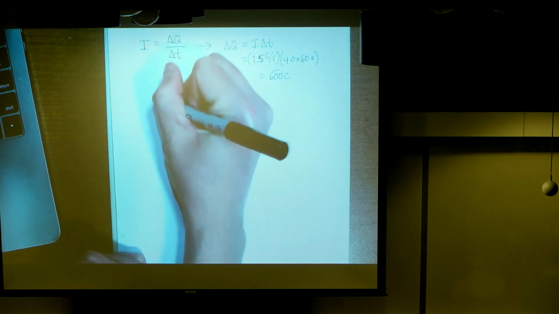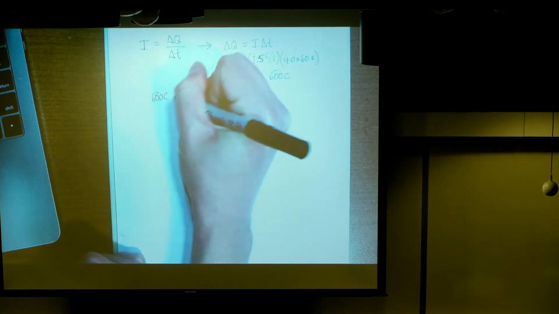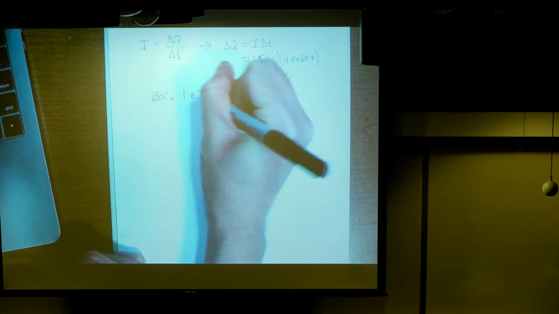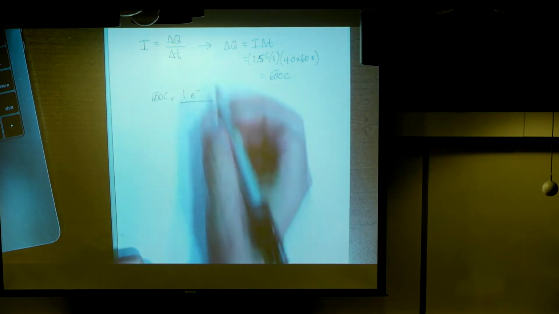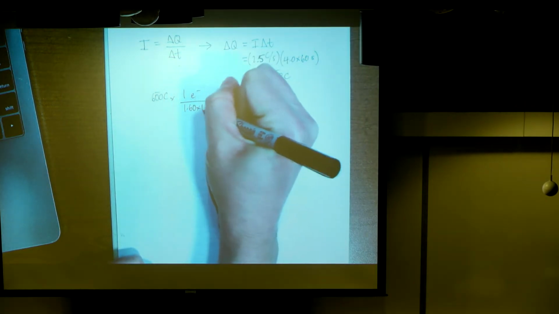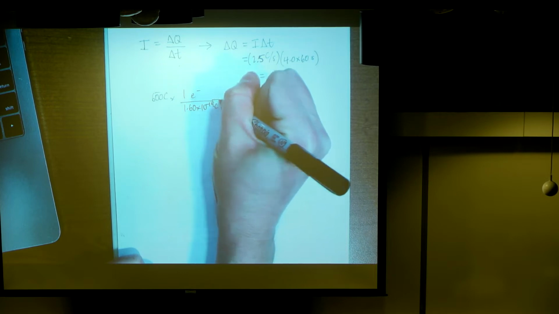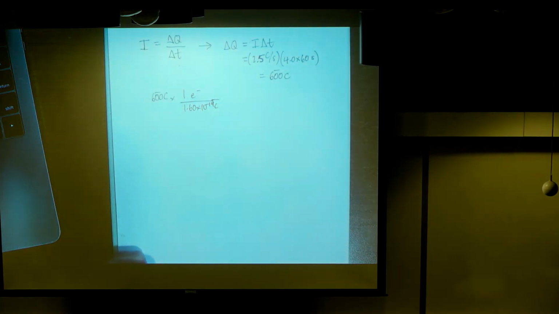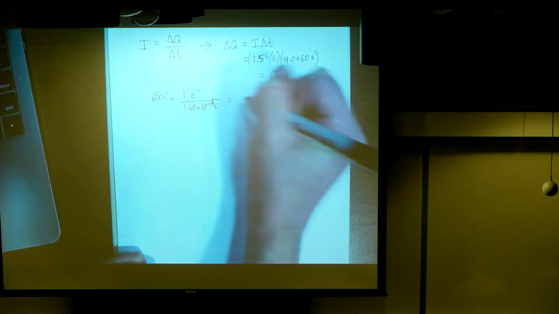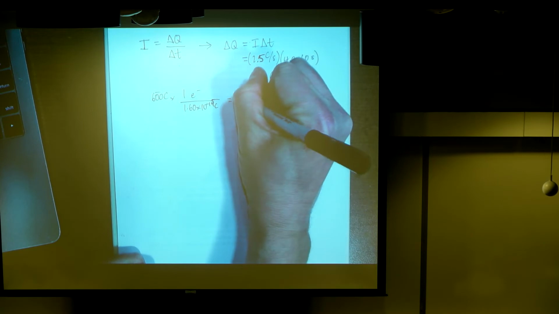So we have 600 coulombs. 1 electron has a charge of 1.60 times 10 to the minus 19 coulombs. We're just counting up electrons, so we don't have to worry about the sign here. Okay, what does that work out to? 3.74 times 10 to the 21 power.